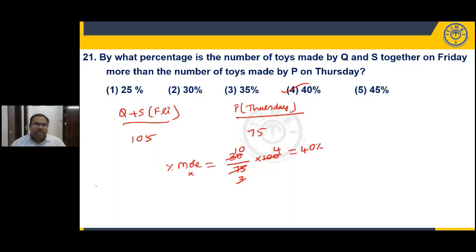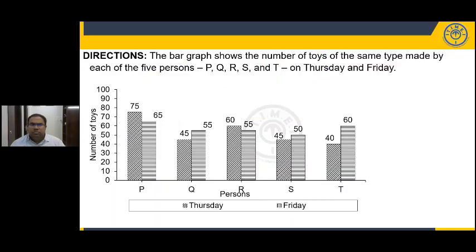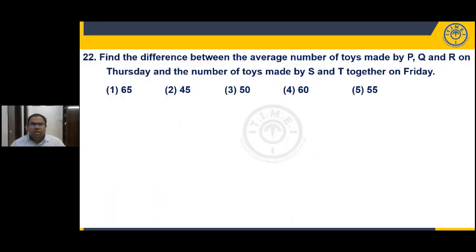It's a simple set, not that difficult. Difference between the average number of toys made by P, Q, R on Thursday and the number of toys made by S and T together on Friday. P plus Q plus R on Thursday, we want the average.